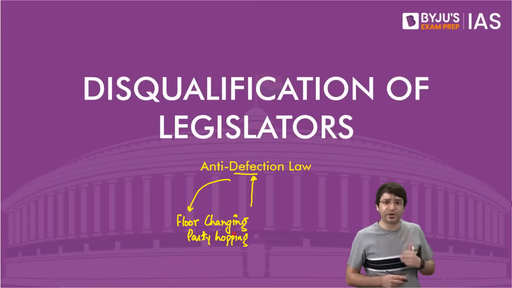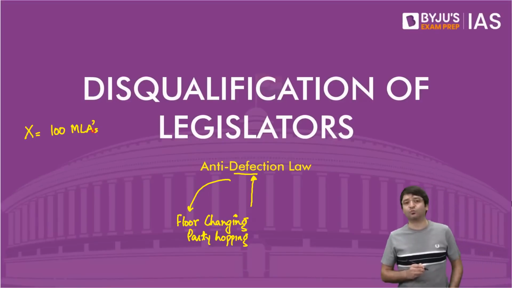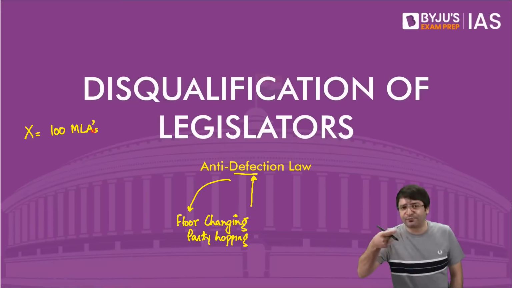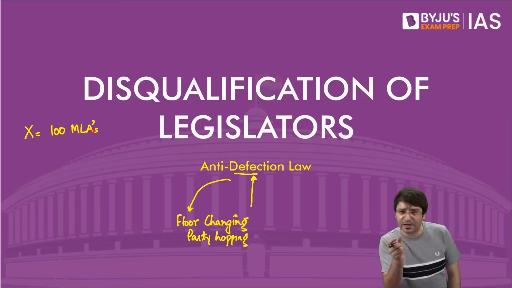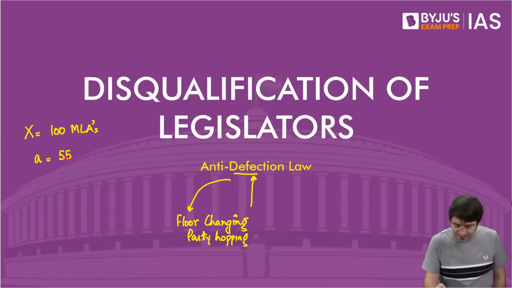To give you an illustration, for example, there is a state X. The strength of the legislative assembly in this state is 100. Any political party, if it has to form the government, what is the majority required? 51. Let's say political party A gets 55 seats.